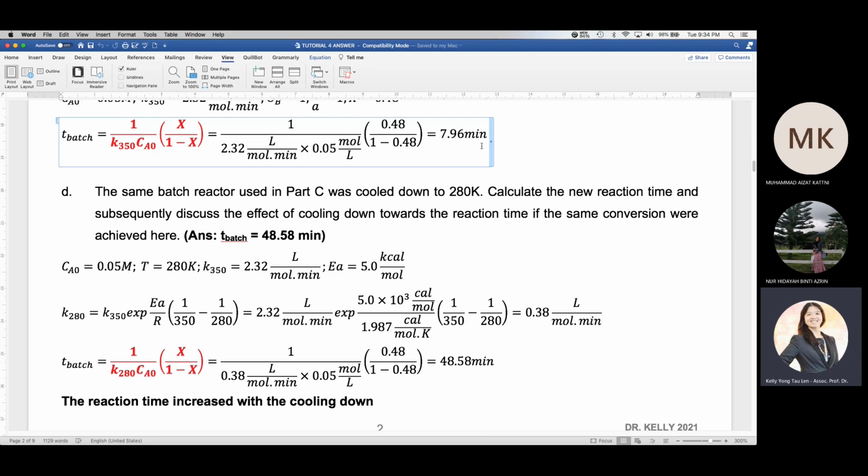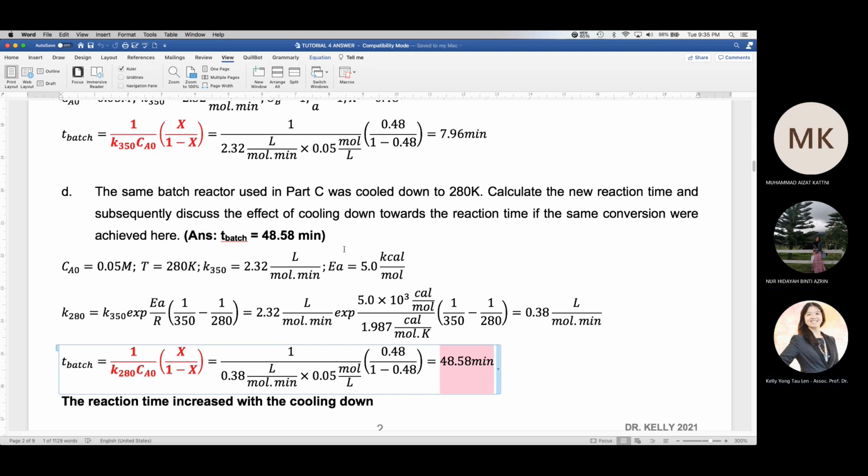But if I reduce my temperature to 280 Kelvin, it will take me a much longer time of 48 minit. Okay, sebab tu kamu boleh tengok significant why certain reaction, or I would say most of the reaction needs a higher temperature. It actually lowers down your reaction time, or you can achieve the same conversion at a much shorter time. Okay, so that's the conclusion in question number D.